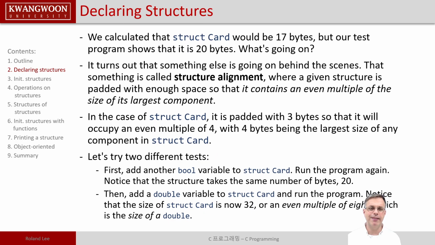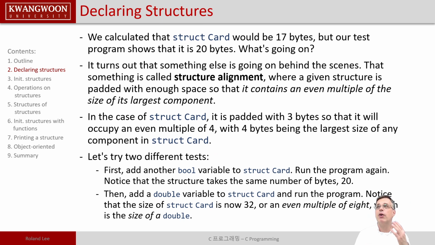That is called structure alignment, where a given structure is padded with enough space, so given more space, that it contains an even multiple of the size of the largest component.